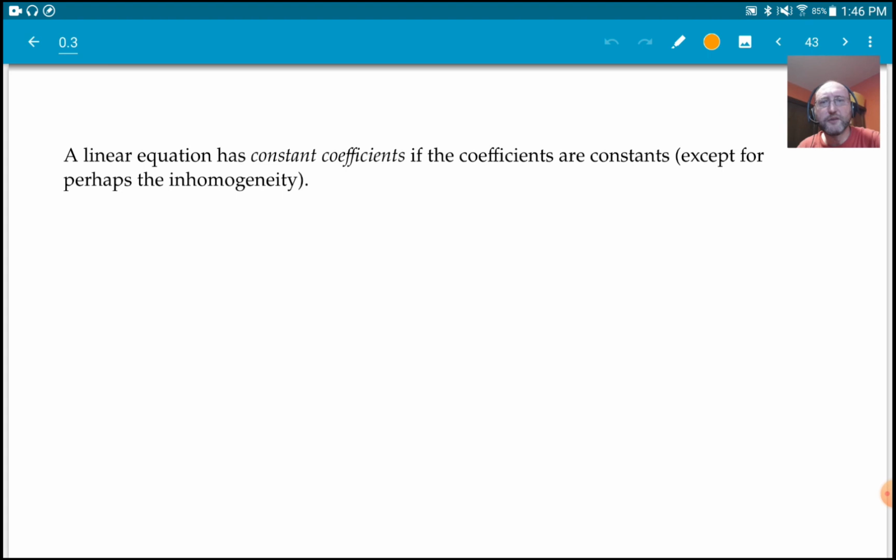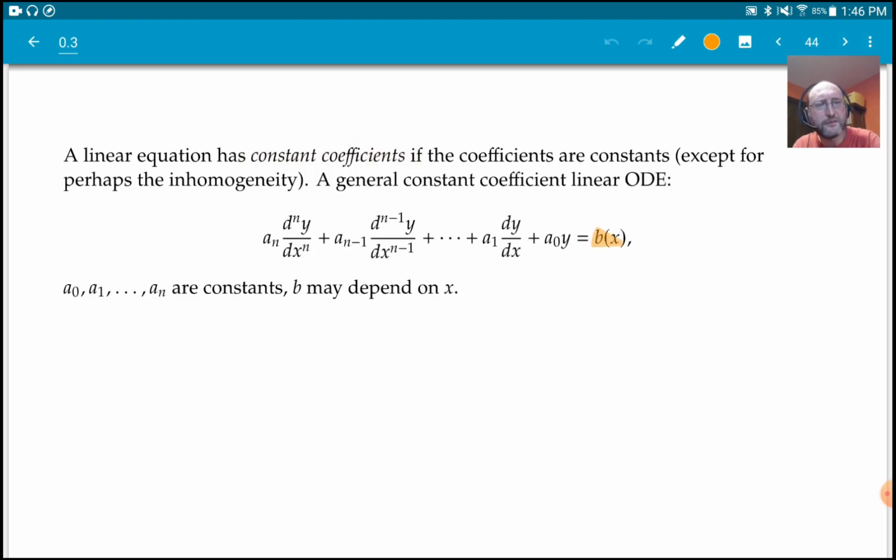All right. Another class of these linear equations is constant coefficient equations, and we're going to see quite a bit of those. It's basically when the coefficients, those a's, are constants. The b, the inhomogeneity, we don't really care about.